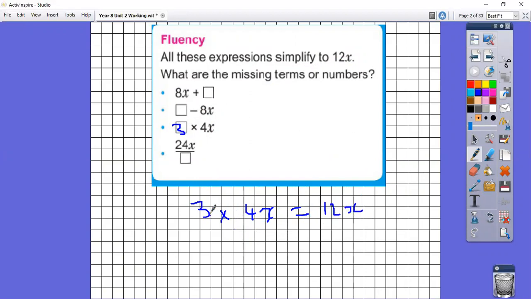Don't think it's 3x times 4x, because 3x times 4x is actually 12x squared. So notice the difference. 3 times 4x is 12x. 3x times 4x is 12x squared, because x times x is x squared.